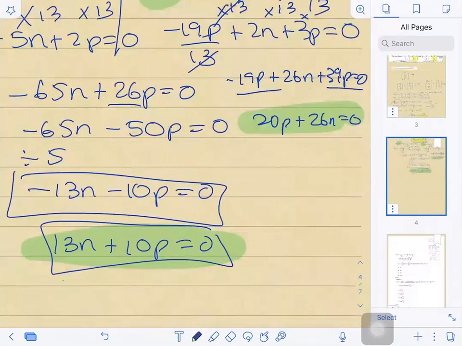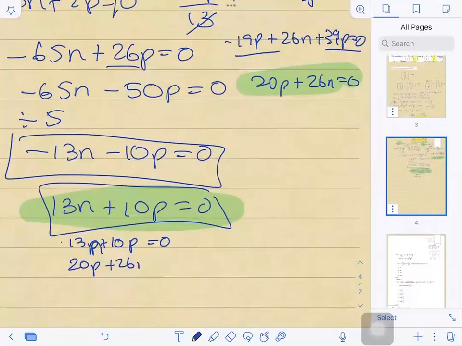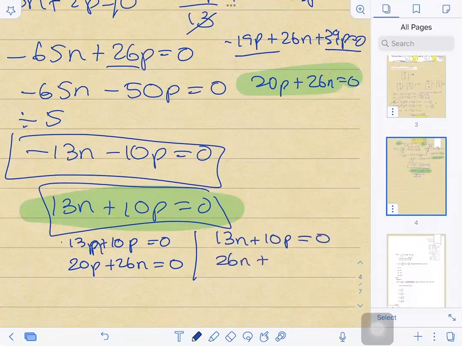Let's put them underneath each other: 13n plus 10p equals 0, and 26n plus 20p equals 0. Let's times the top one by 2.